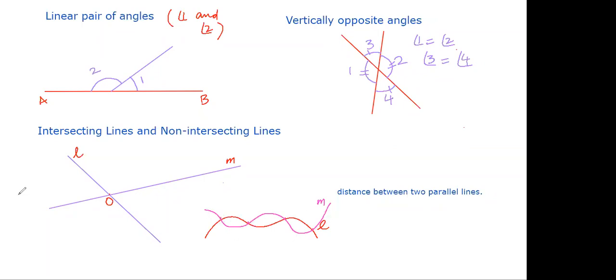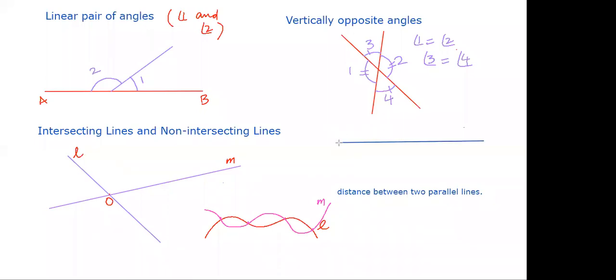But because it's a straight line, two straight lines, intersecting lines can intersect only at one point, and here we have named that point as O. Now students, what are non-intersecting lines? So let me see. Non-intersecting lines, students, they would never intersect.